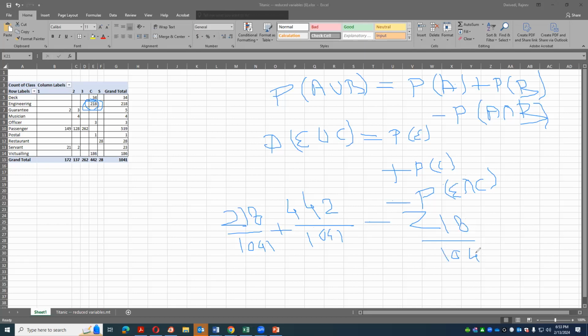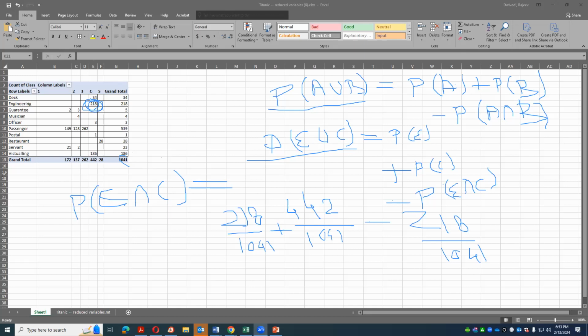If you solve this, you will get the answer for probability of engineering or C. Now if I ask what is the probability of engineering and C, then you just need the common area divided by the total value, the entire sample space. So these are two things. Now the third thing is coming, which is called conditional probability.